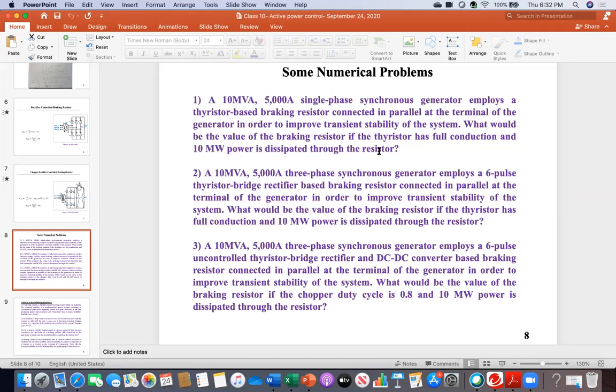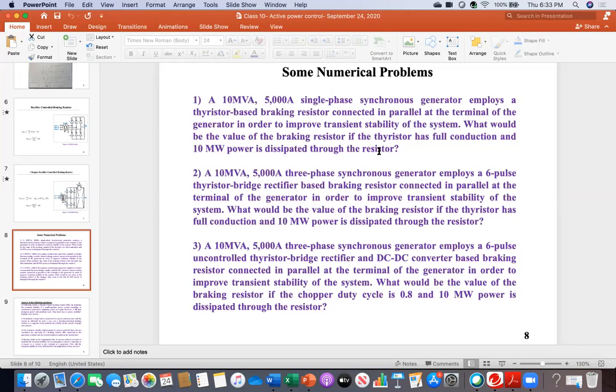What is the 10 MVA in the problem? That is the apparent power, right? It is apparent power, and then 5000 ampere is the rated line current. So is the Vm value equal to 1154.70? Yes.